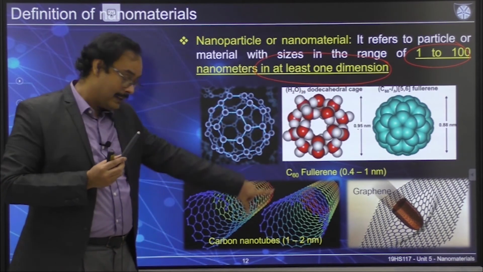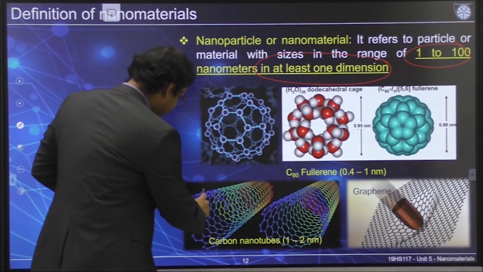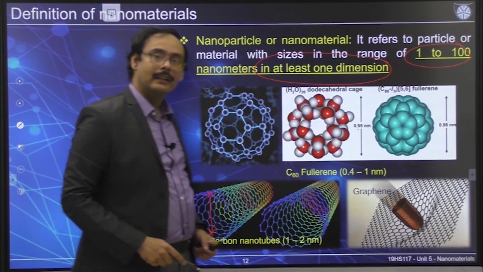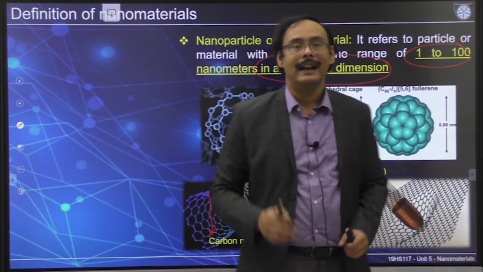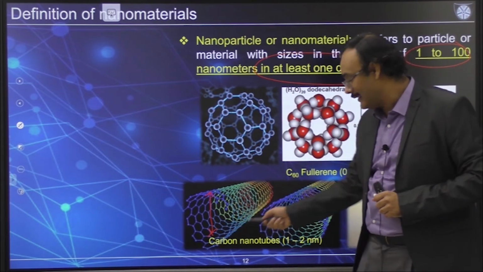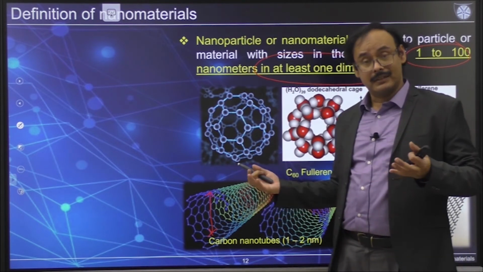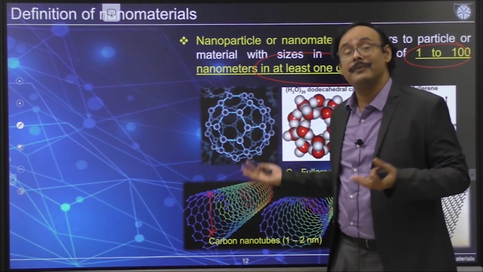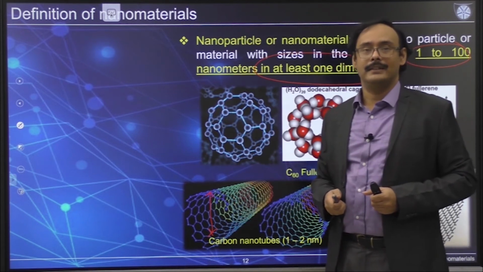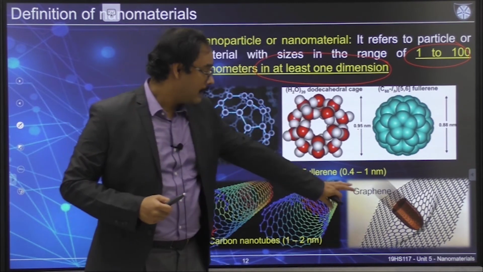Here in carbon nanotube, this diameter is at the nanometer scale. This length doesn't have to be at the nanometer scale. If it is, then it's okay, but even if it's not, we can still call it a nanomaterial, because this diameter is at the nanometer scale. What about graphene?